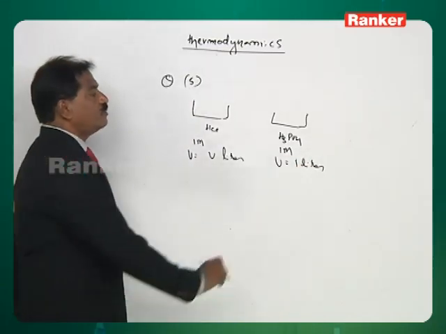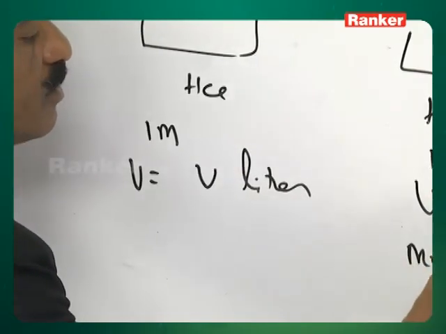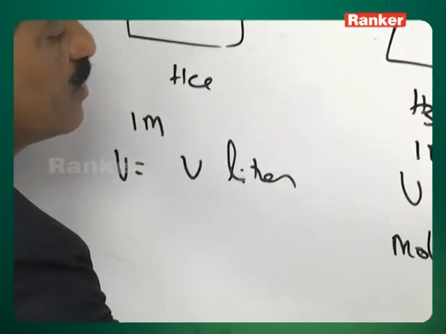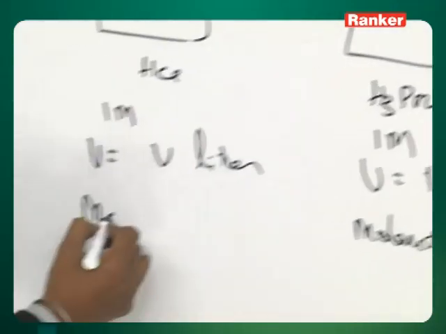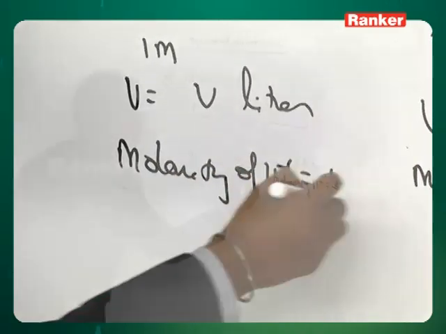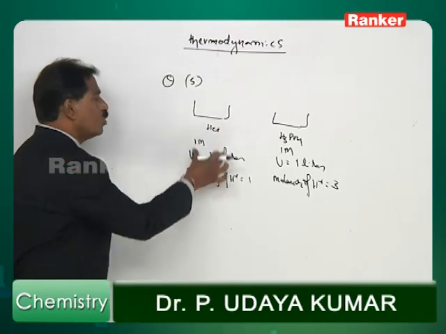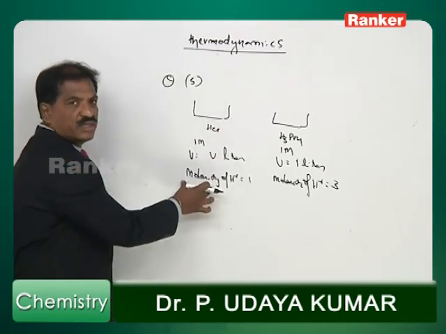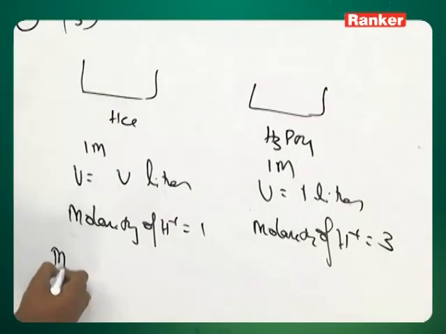When H3PO4 completely ionizes, the molarity of the H plus ions here becomes 3. Here the molarity of the H plus ions is 1. Therefore, calculate the moles of H plus ions present in the HCl and in the H3PO4.